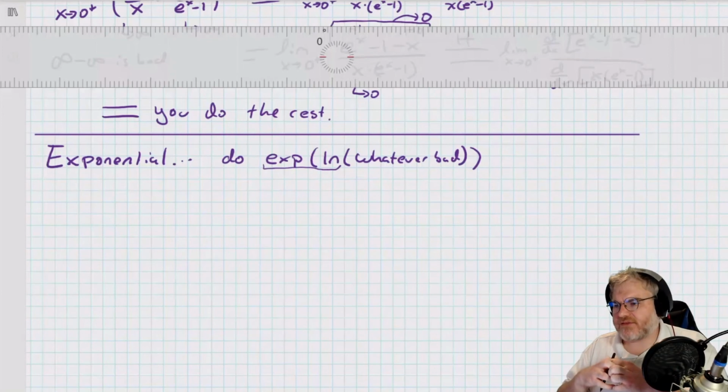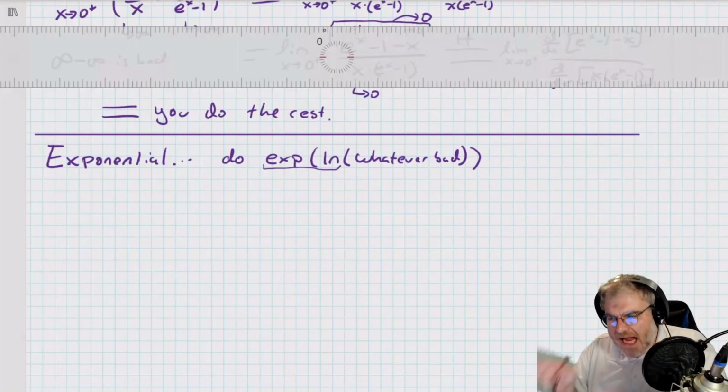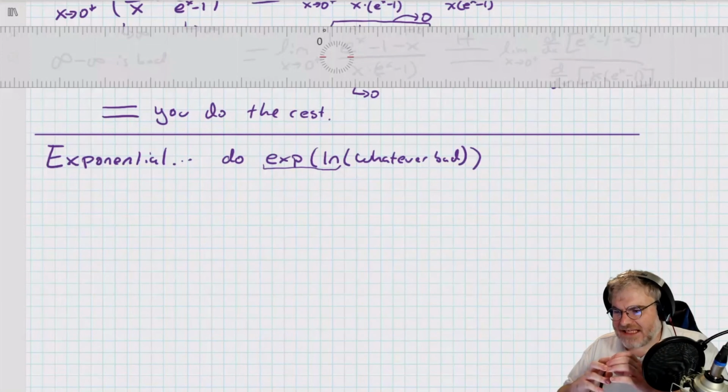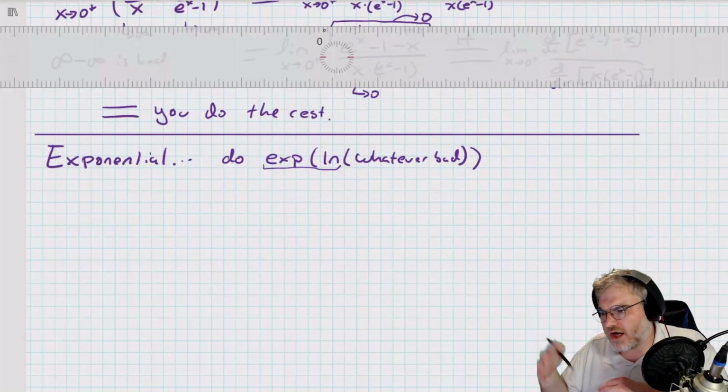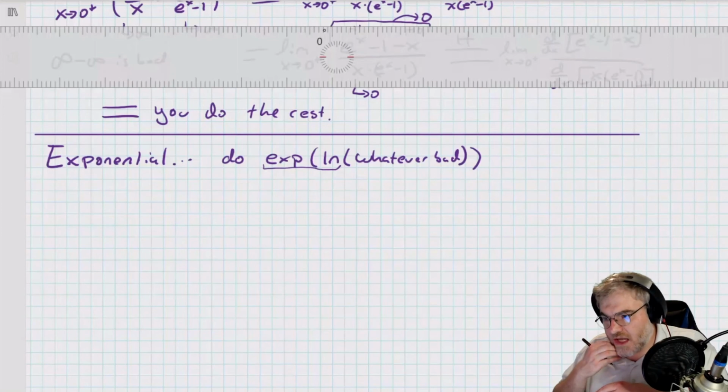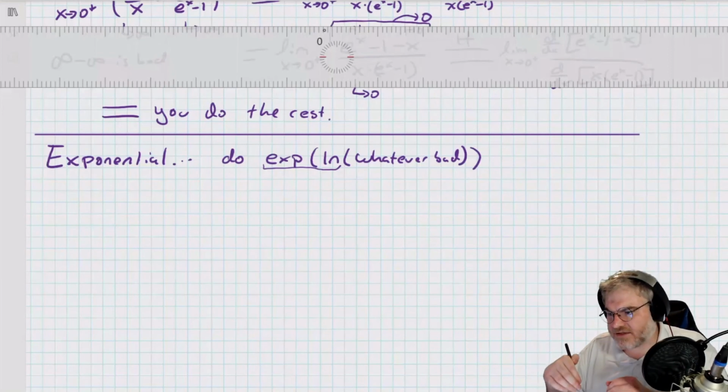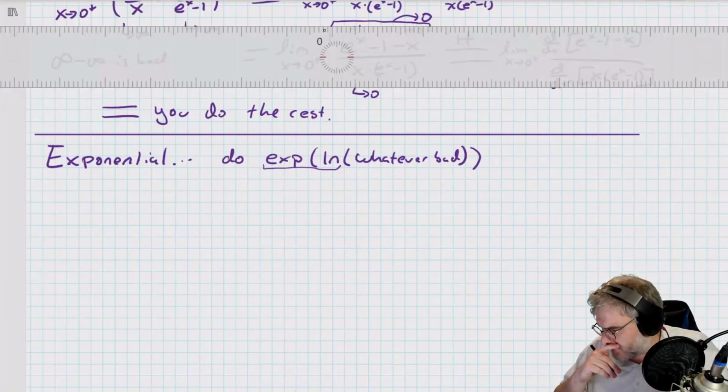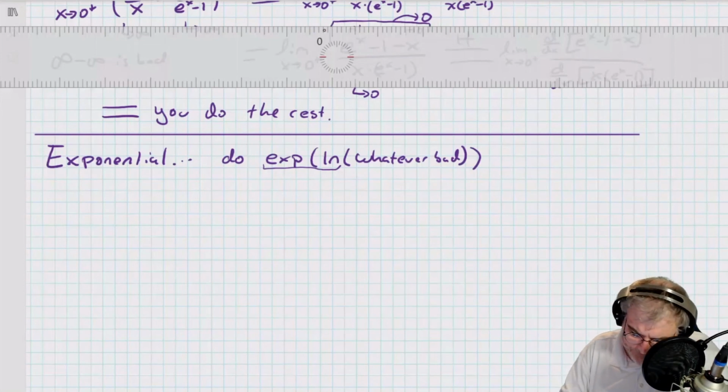They're inverses of each other. So as long as whatever's bad is positive, I can take the exponential of the natural log of it. And I can also take the log of the exponential of it. Because I haven't done anything. I've gone that way and then back, because they're inverses. Okay, so let's do an example.